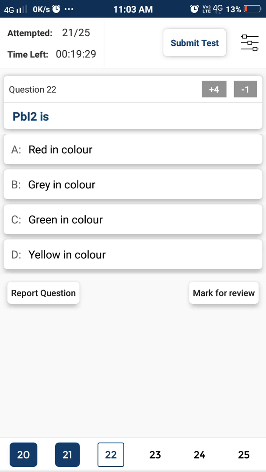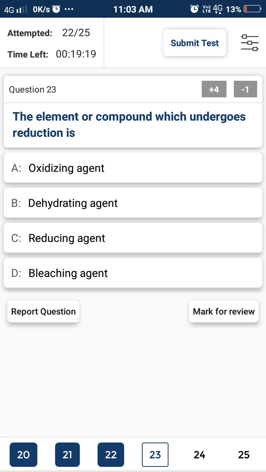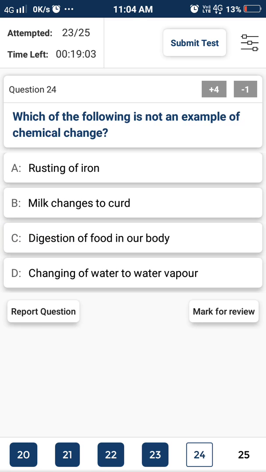PbI2 is red in color, gray in color, green in color, yellow in color. According to that question, option B is right. The element or compound which undergoes reduction is the oxidizing agent.